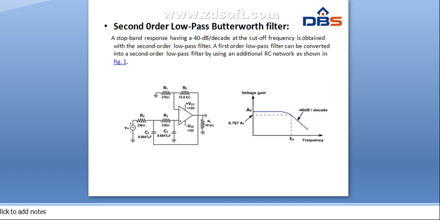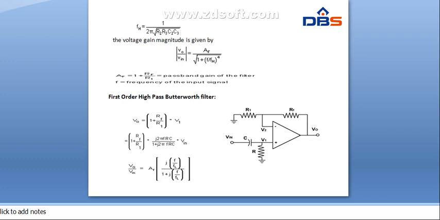So if it is third order low pass filter, we have three RC networks. So here the cutoff frequency FH is 1 by 2 pi RC. Here R is R2, R3, C is C2, C3.